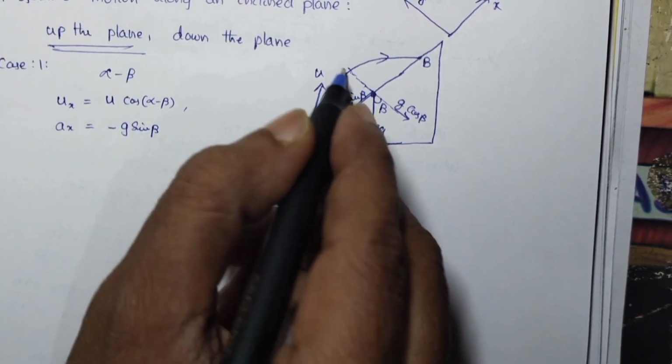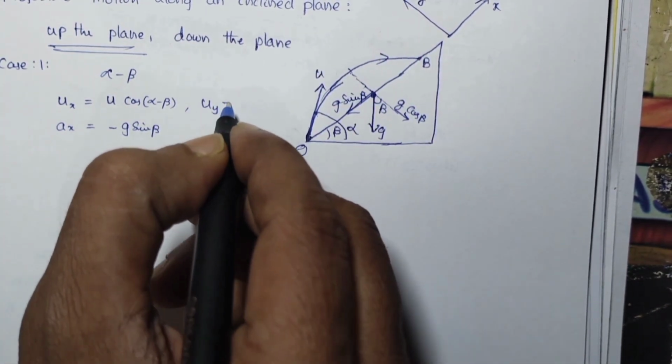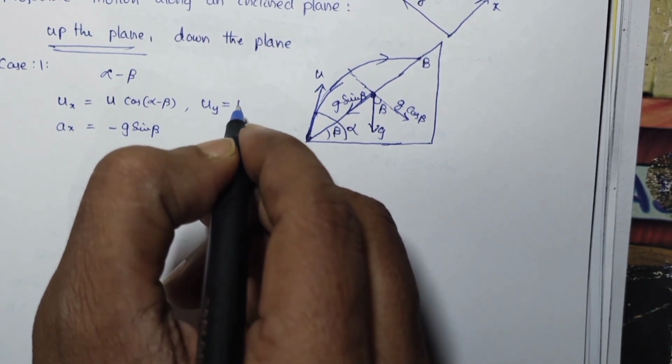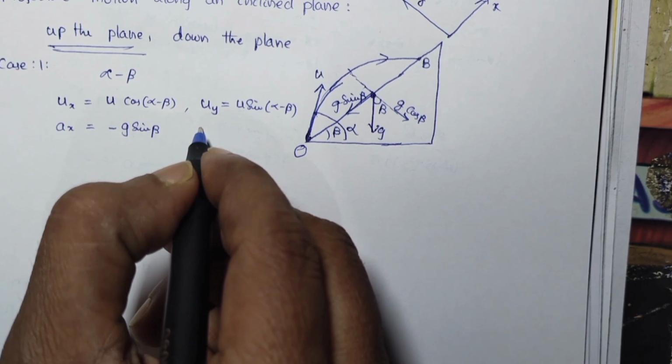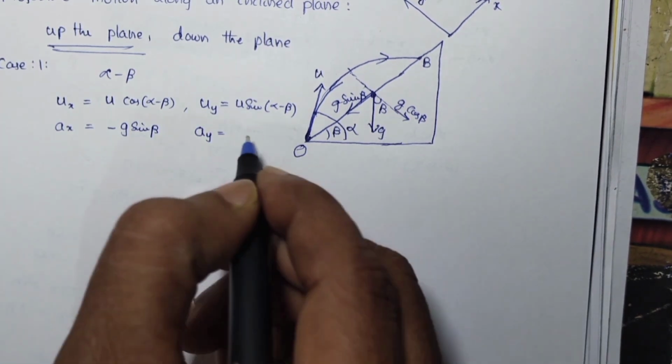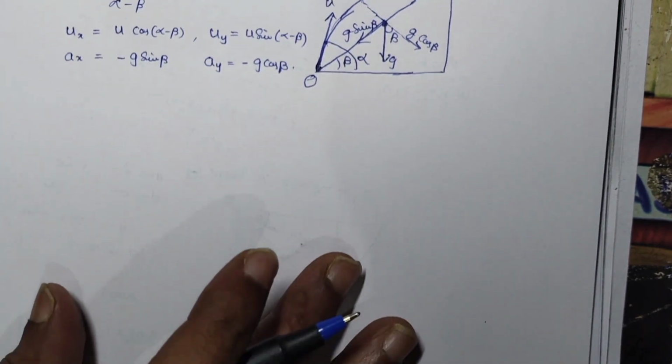And in the y-axis, uy is equal to u sin(alpha minus beta), and ay is equal to minus g cos beta, right?